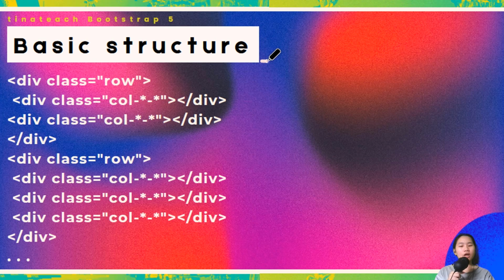In Bootstrap it is the same, but the unique thing is the class name. First off, you have the container that is called row for the class, and within it you have column, okay? And if you want more rows, you just create more row containers and you add in however many columns you want. That's it. That's the basic structure.